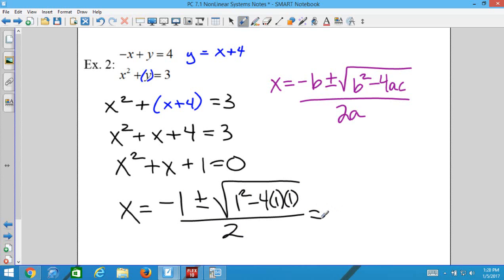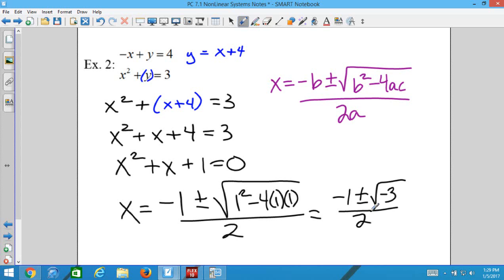So we plug it in, we get -1 plus or minus square root of -3 over 2. So what's x equal? That means there's no real solution.